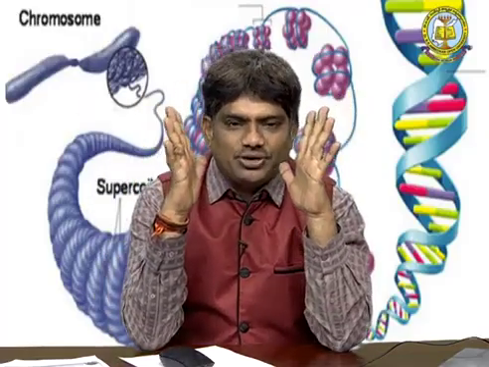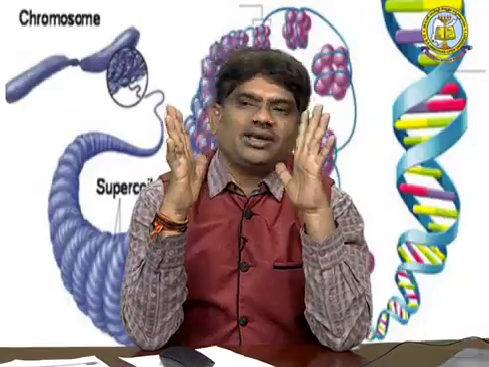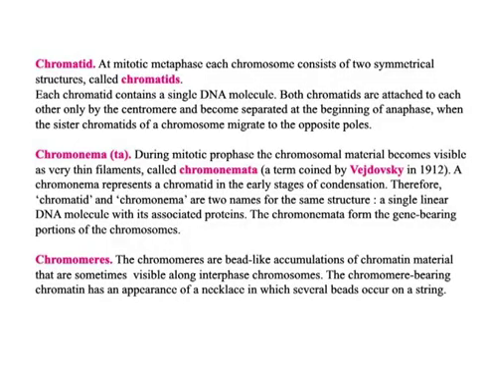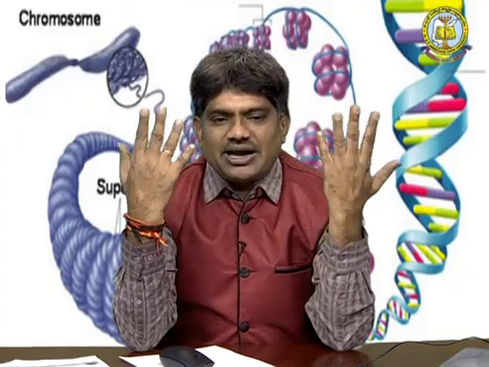I already told you the chromatid fibers are visible in metaphase. What I showed you in the video, the two chromatids are clearly visible, attached at the center with the kinetochore or centromere. And what is chromonemata?